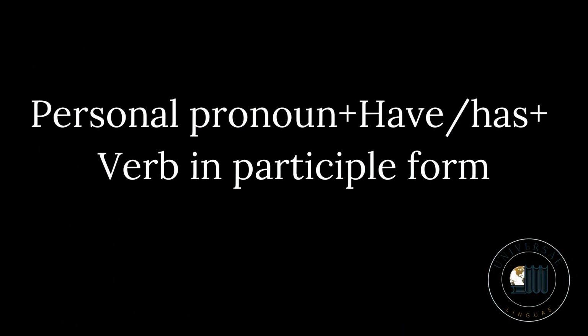So, what is a perfect tense? A perfect tense is a personal pronoun plus the auxiliary verb have, in present or past or future, whatever, and then the verb in participle. Example: I have acted. Acted is the participle, have is the auxiliary, and I is the personal pronoun.